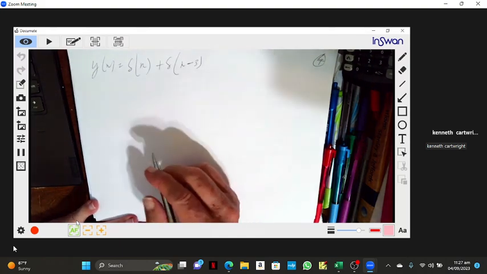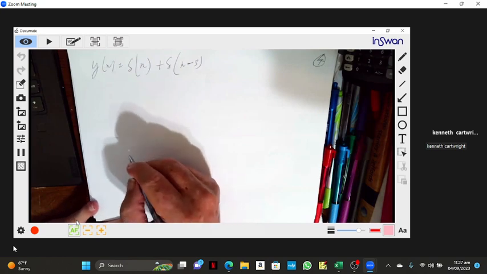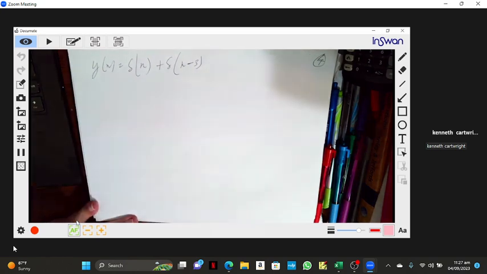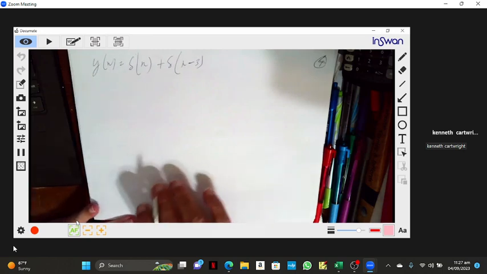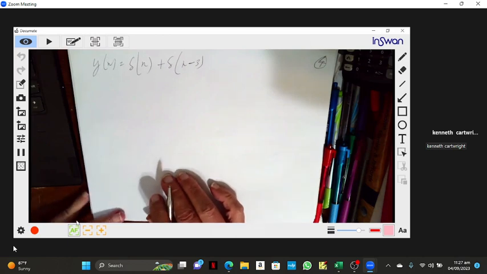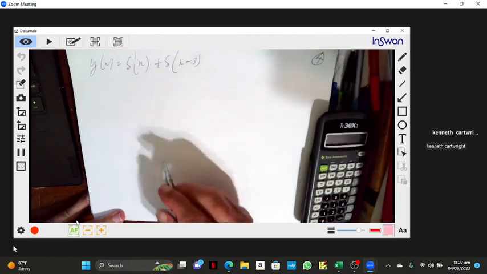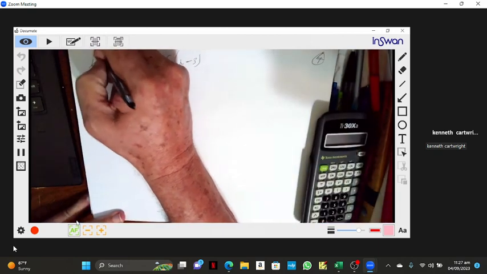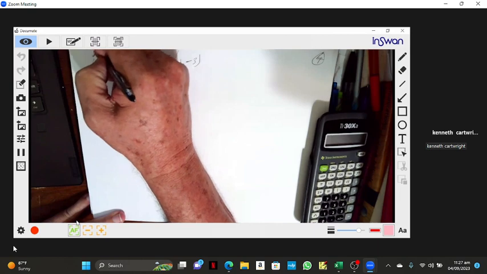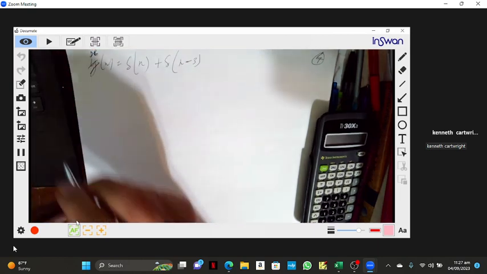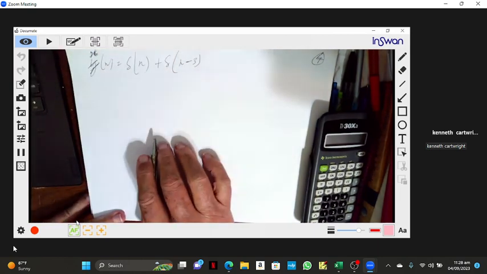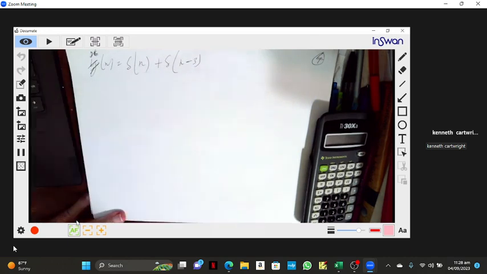What does this look like? What does y look like? Oh, I could call it x. Doesn't matter. What does this math say?